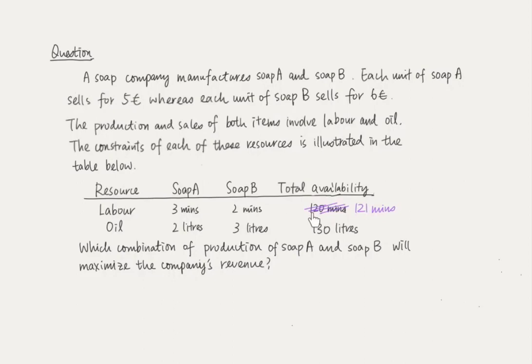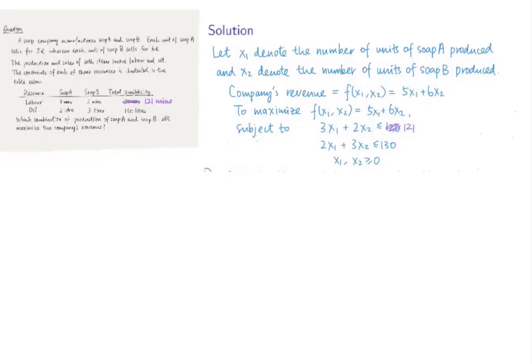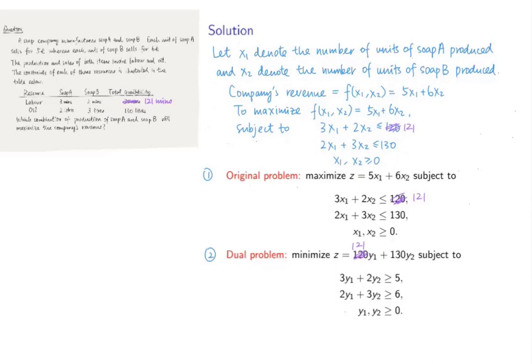So instead of having 120 minutes for the total time for the labor, it is now increased to 121 minutes. We shall solve this linear programming problem again with a new constraint to the first inequality. Therefore, the original problem and the dual problem will be changed correspondingly. Let's suppose we solve the original problem by the simplex method.